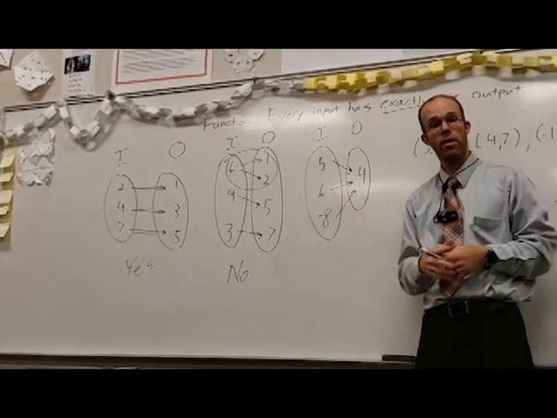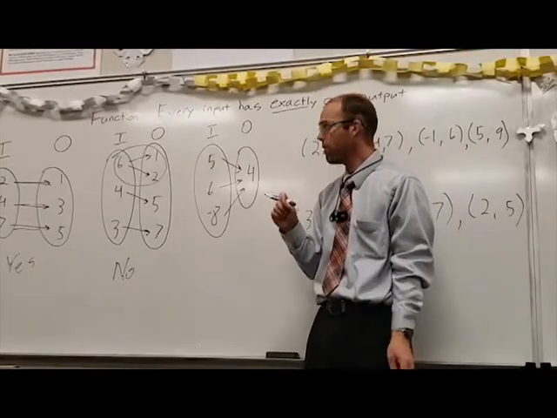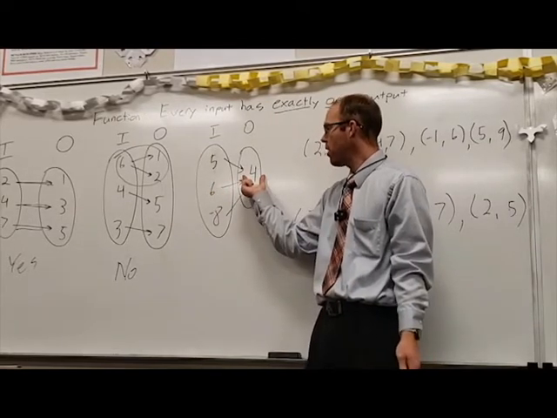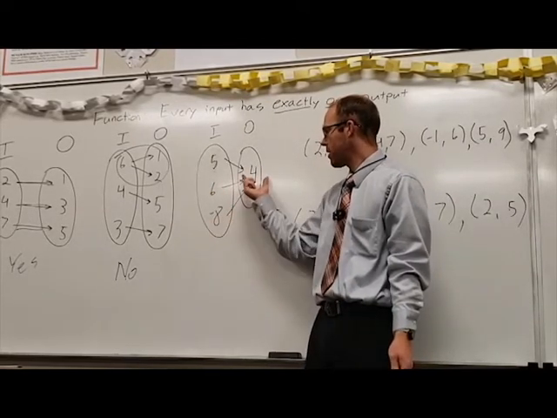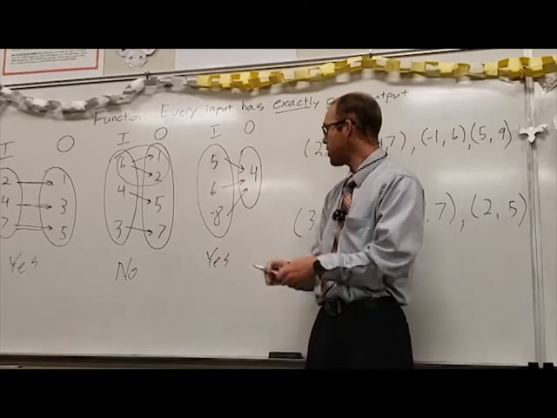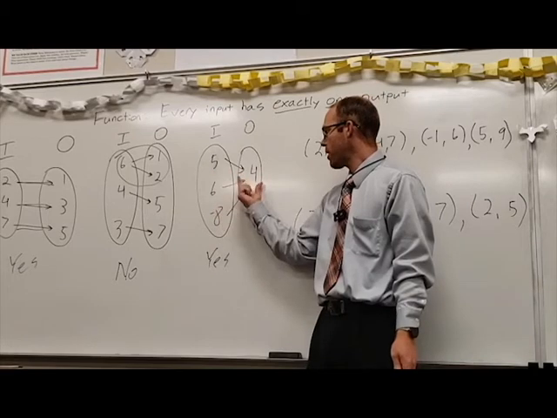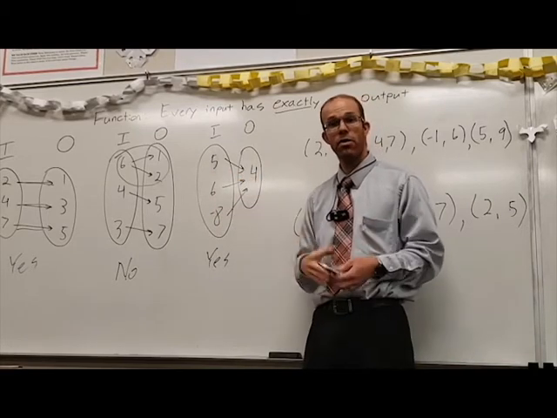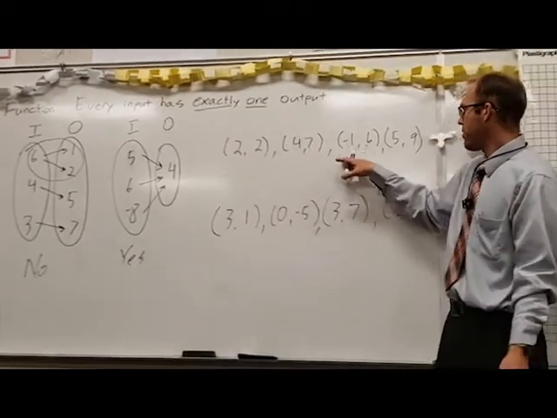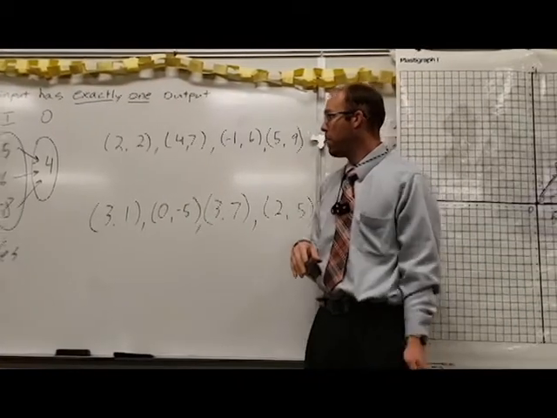I don't care that that output is the same as what the 5 is. I only need to know that the 6 has exactly one output. And the 8 has exactly one output. So yes, this one is a function because each one of these has exactly one output. It doesn't matter that they're all the same output. That's okay.